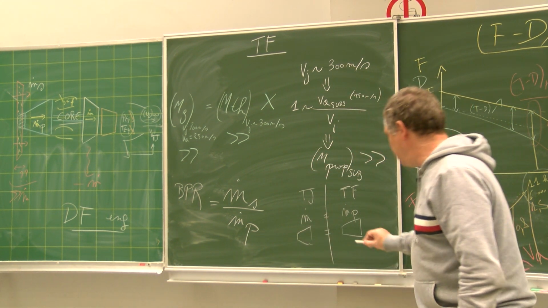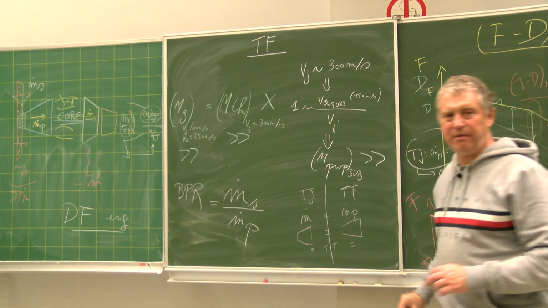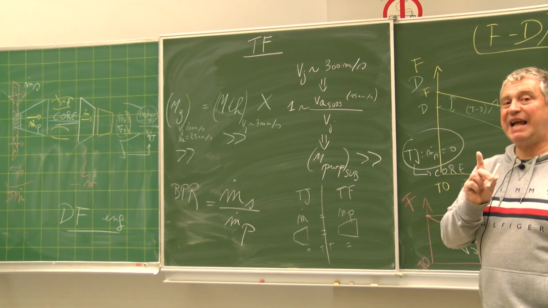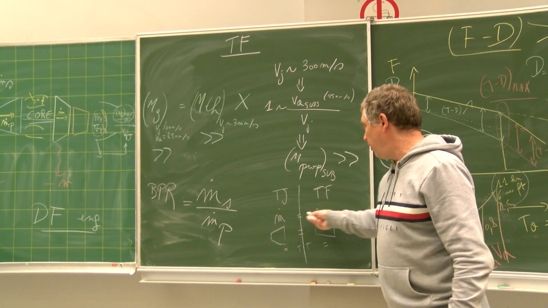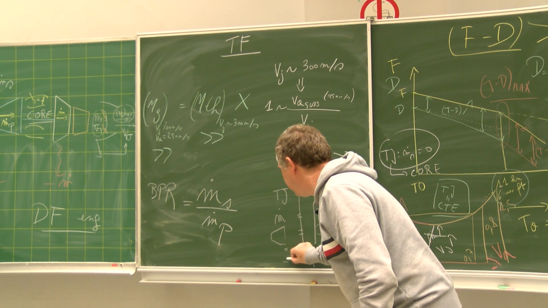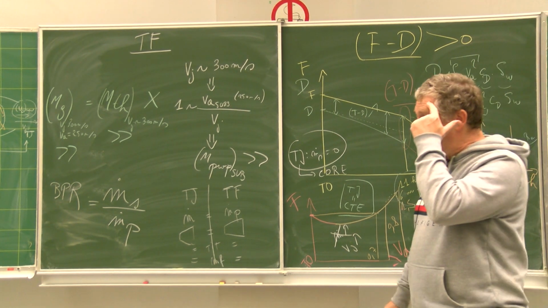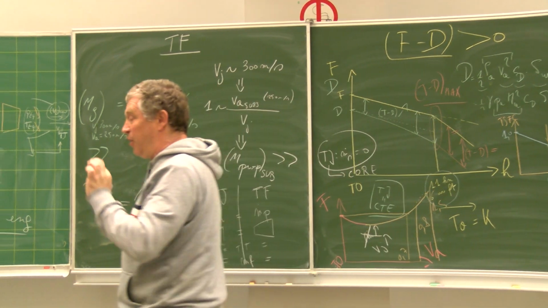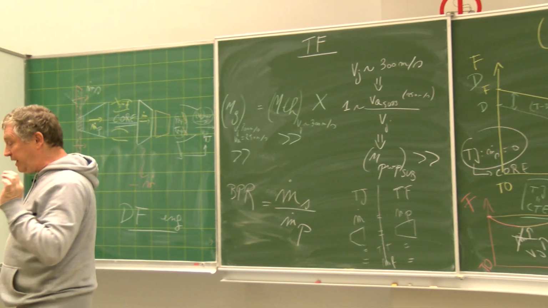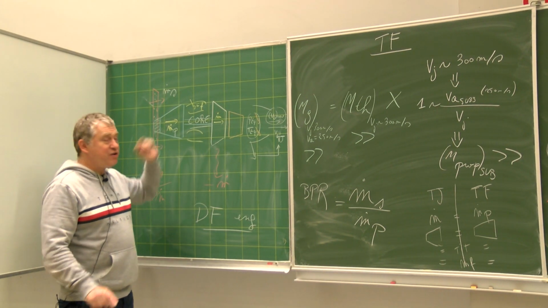Okay? You need to say that the TIT is the same. And if you say that the TIT is the same with this, you can also say that the fuel flow is the same. So keep that in your mind. We are trying to develop this double flow engine with a constant fuel flow.